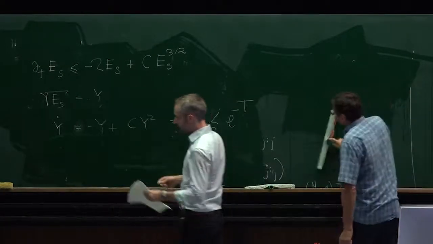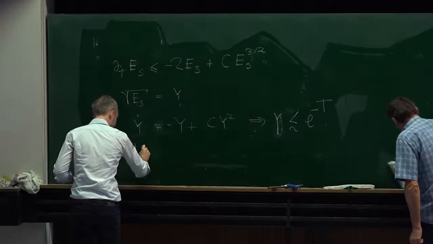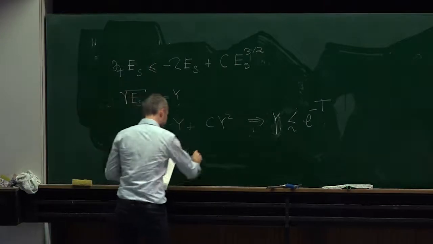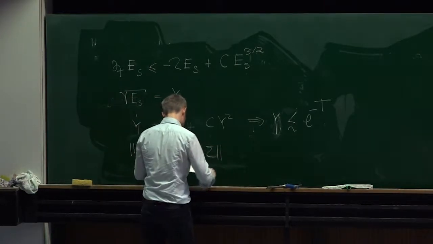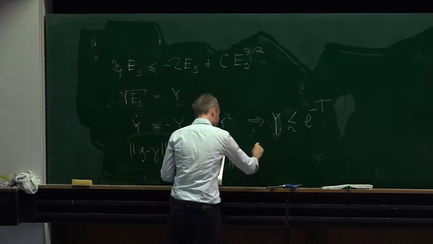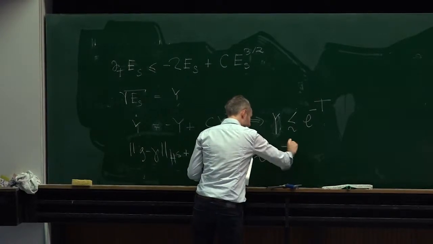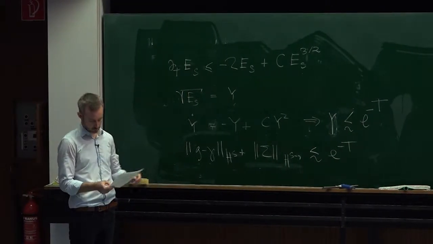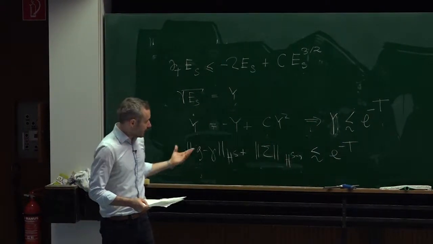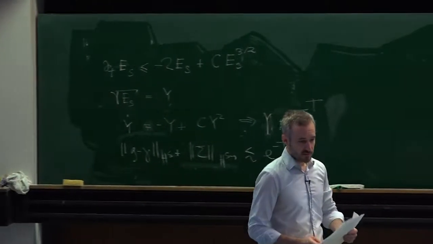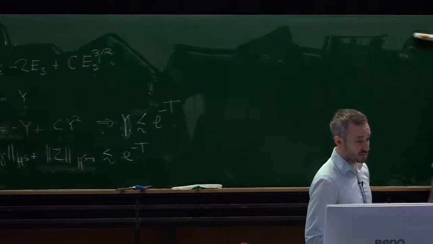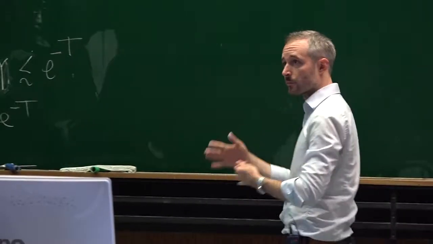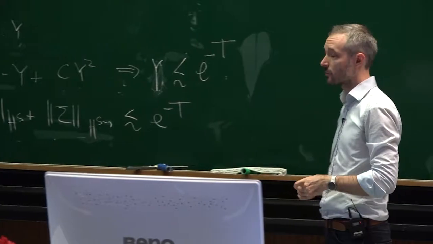So if I translate this back to my variables, that means g minus gamma in hs plus sigma in hs minus 1 decays like e to the minus t. This is in the rescaled variables. So if I want to get back the physical variables, I need to just do the translation back and just replace all these by the actual quantities.